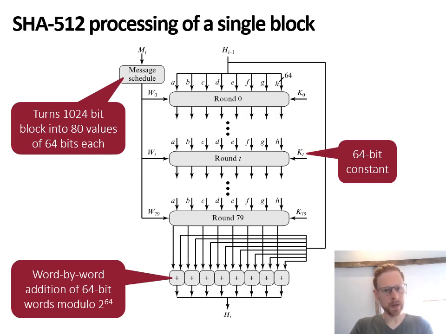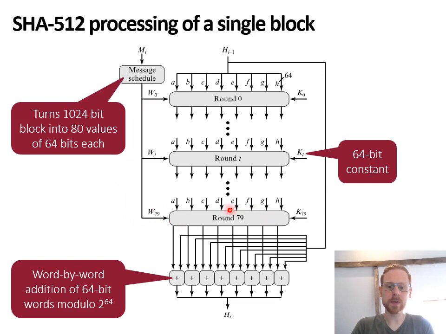During each round, the 8 words are combined with a round word W and a constant K. The constants, the 80 constants, are the same for every block, while the word rounds are derived from the message block MI. So this message block MI of 1024 bits is transformed into 80 64-bit values, W0 up to W79.